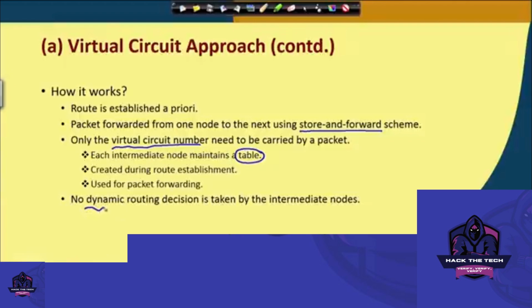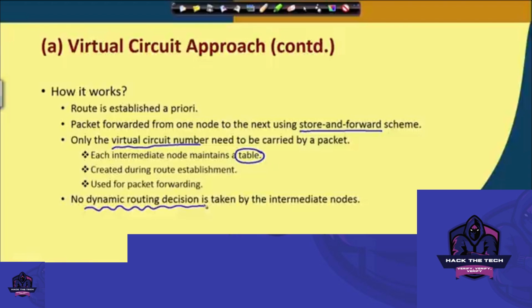The important thing is, no dynamic routing decision is taken here. Once you establish the connection at the beginning, all the packets for a particular virtual circuit will follow that same path. Even if some of the links is very much loaded, it has become slow, still that same path will be followed.